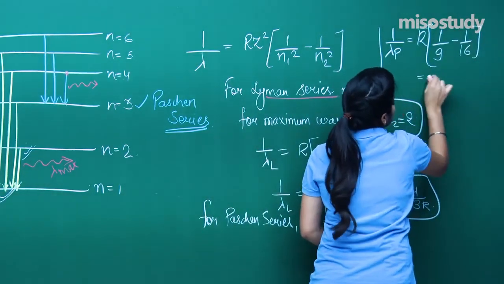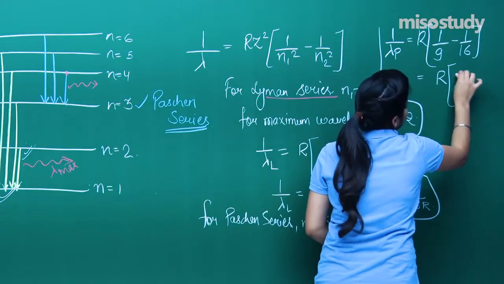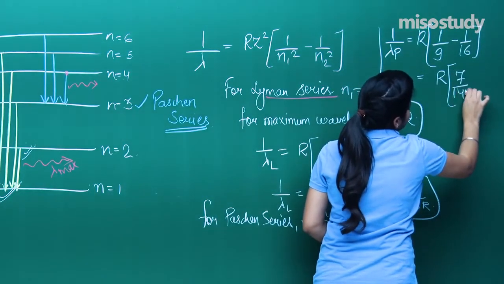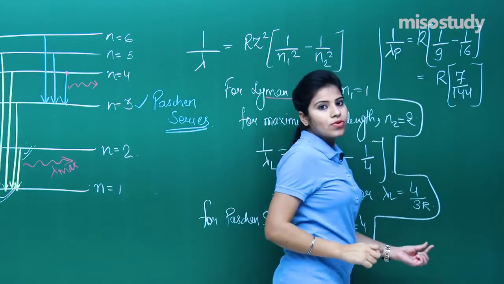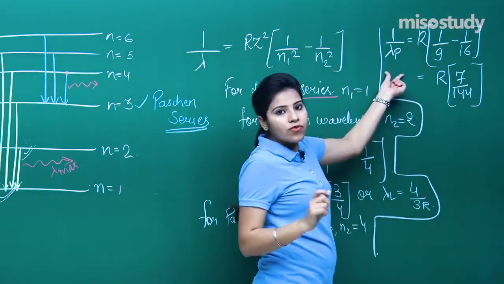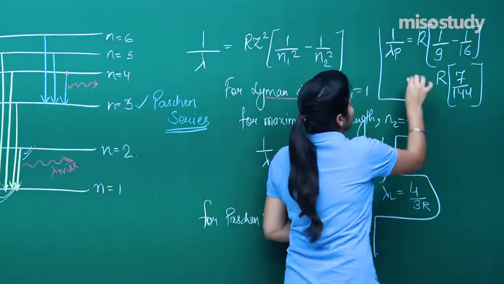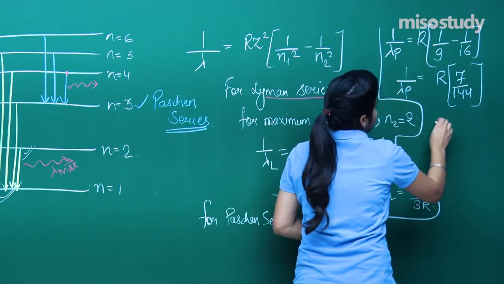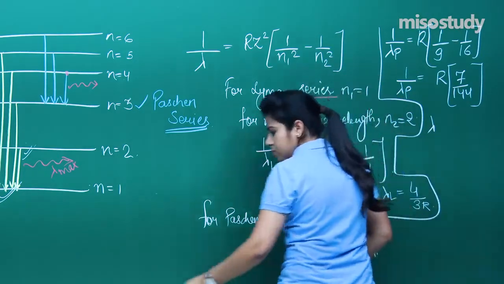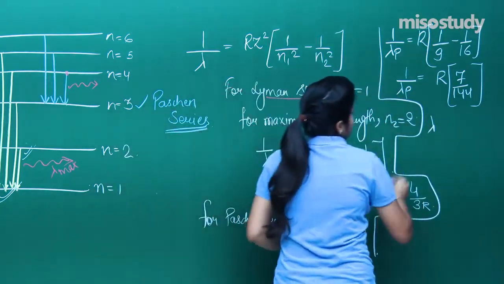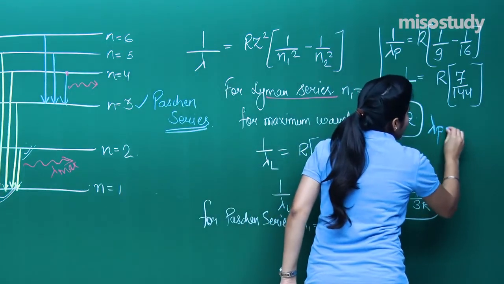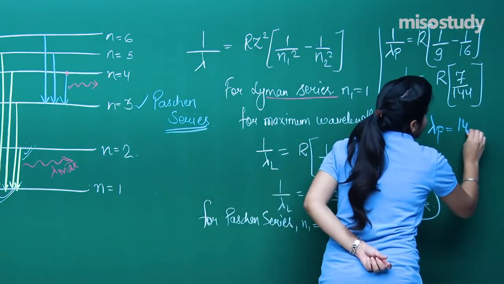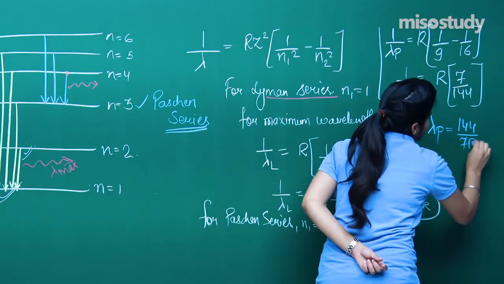Now if you will be solving this, you will be having 7 by 144. Right? Now because we have to find the lambda P, so this was 1 by lambda P. Your lambda P will come out to be 144 by 7R.